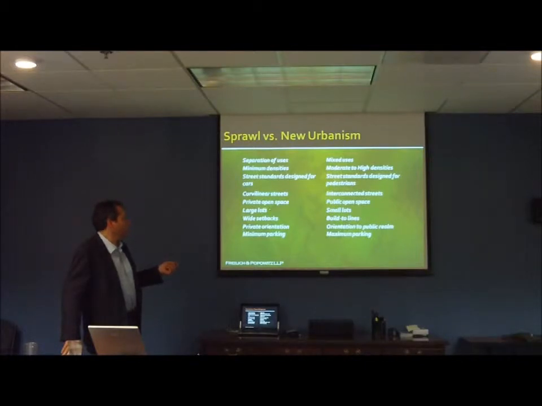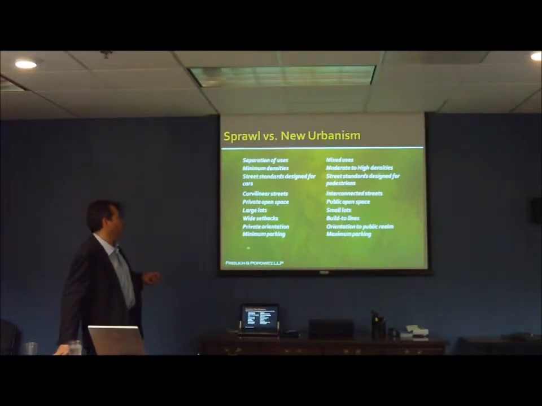Private open space in sprawl, much more public open space in new urbanism. Large lots in sprawl, smaller lots, wide setbacks. New urbanism is about building to the lines. Sprawl is about private orientation. There's a much more public realm under new urbanism. It's a much more sort of citified environment.